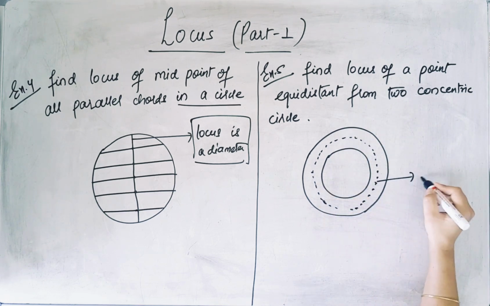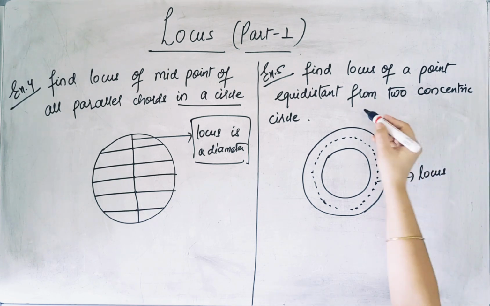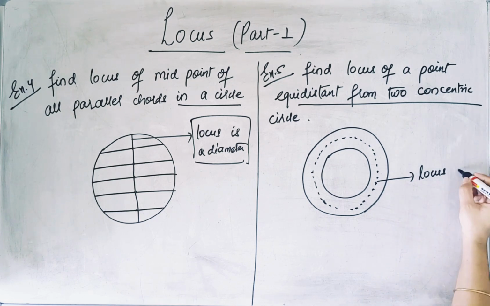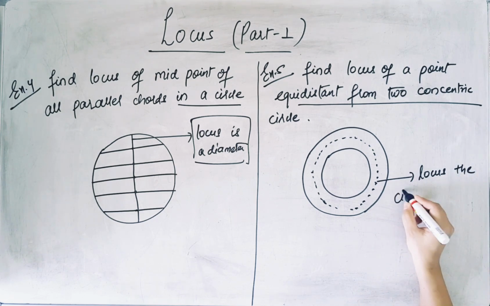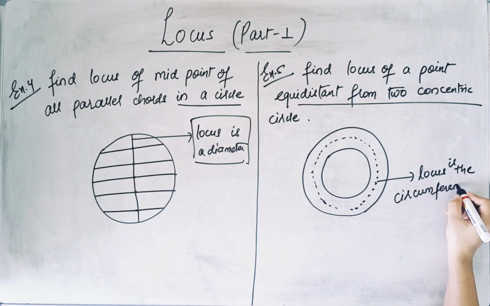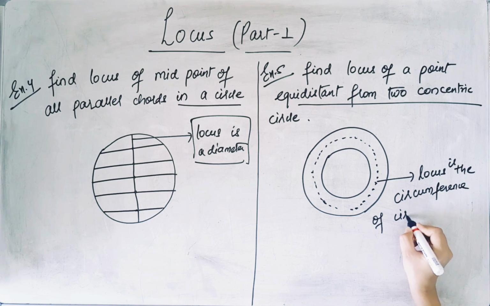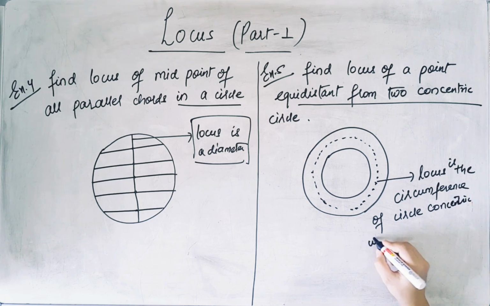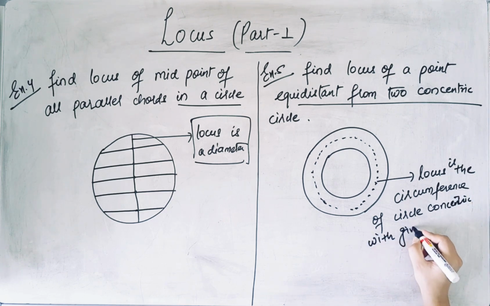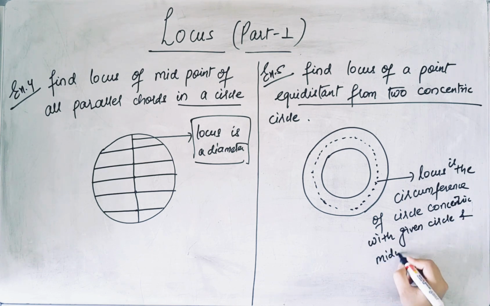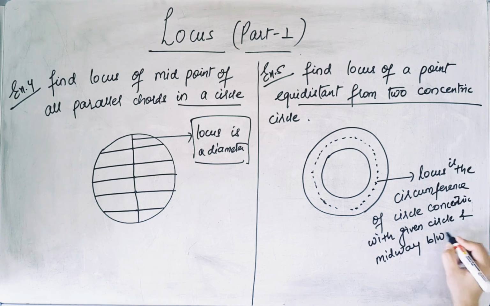This is the locus, because the condition is given equidistant from two concentric circles. So the locus is the circumference of a circle concentric with the given circles and midway between them, उन दोनों के बीच में.